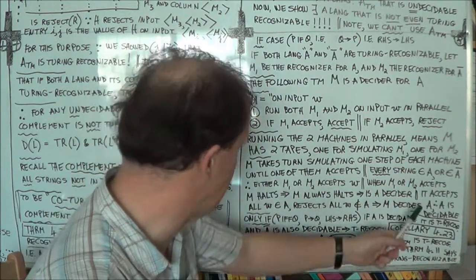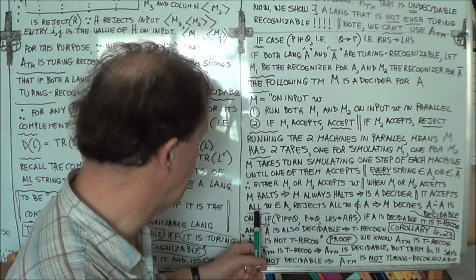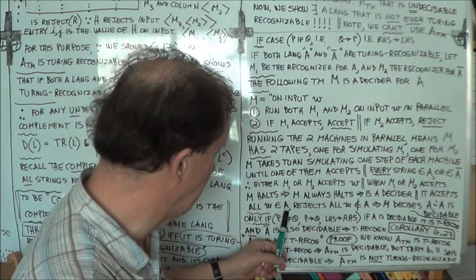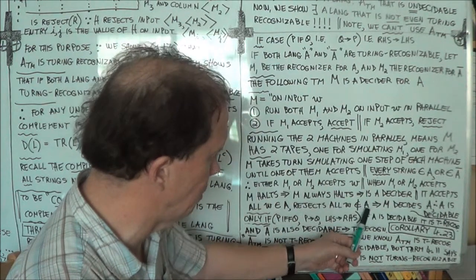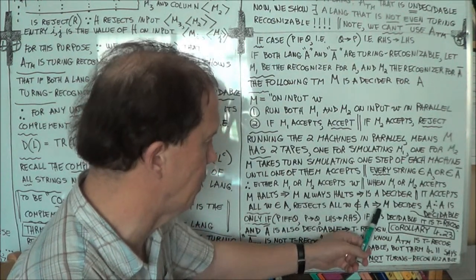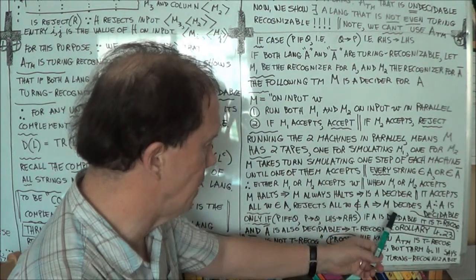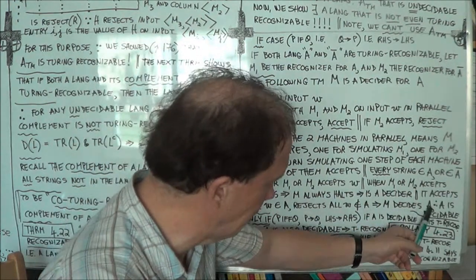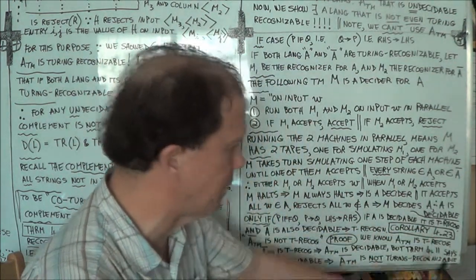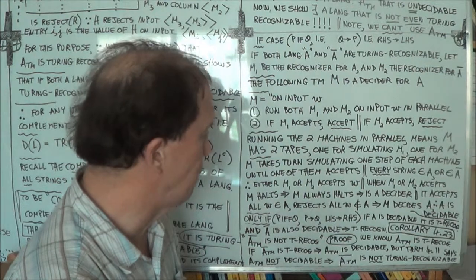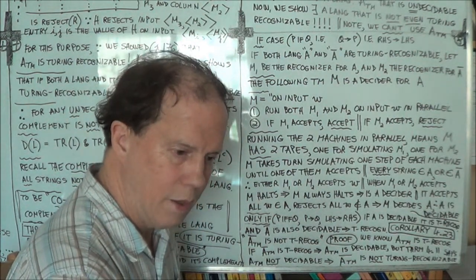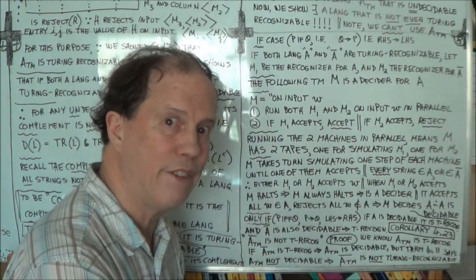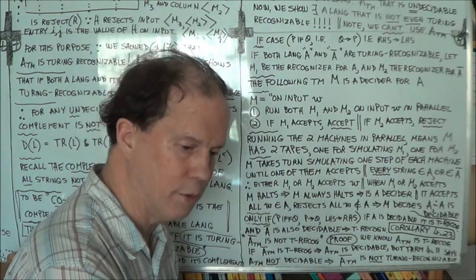So it'll accept all strings W that belong to the language, and it'll reject all strings W that don't belong to the language. In other words, belong to the complement of the language. Okay? So that means M decides the language A, and therefore A is decidable. So that's from right to left. That's the if Q then P half of the if and only if proof done.